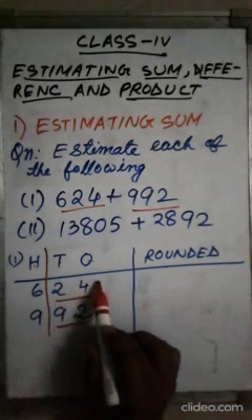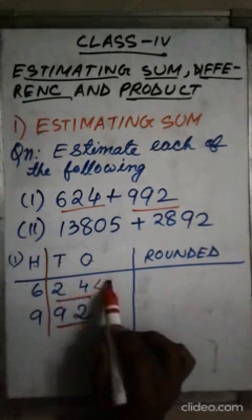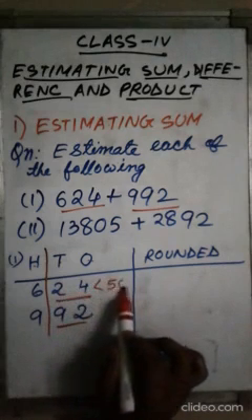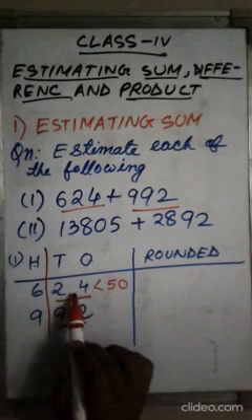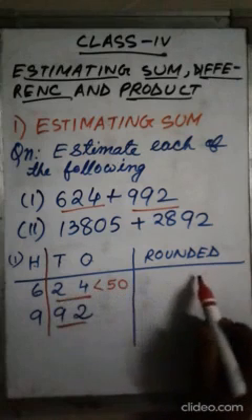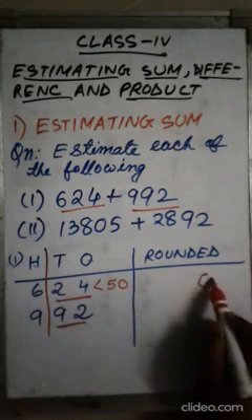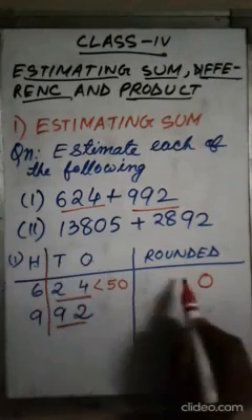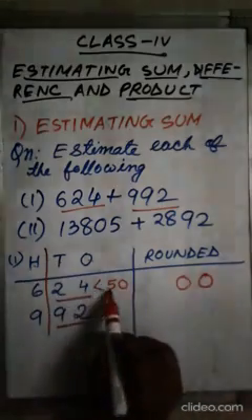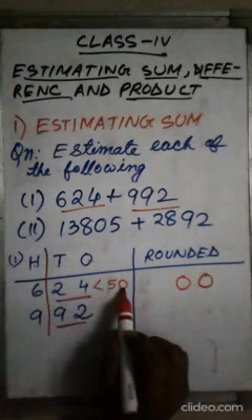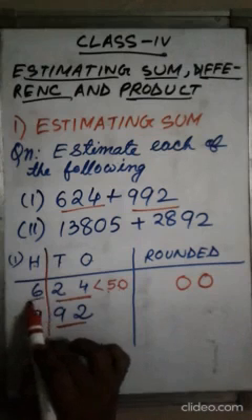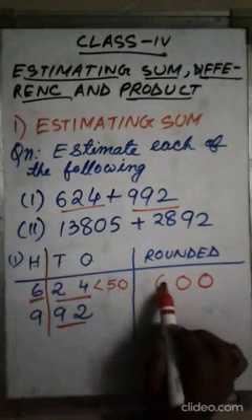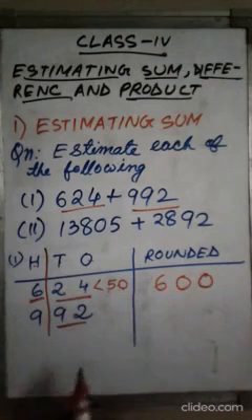24 is less than 50. So I can write the rounded off numbers for 2 and 4 as 0, 0. As this number is less than 50, the 6 will not change, it will stay the same.